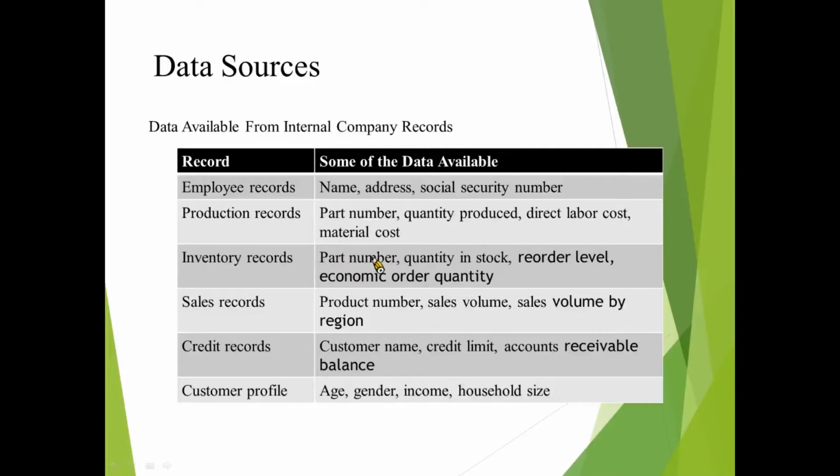Inventory record, the same: the order, economic order quantity, and the sales order, sales record. Sales value by region. Credit maybe for their customers. Customer profile. This is what we will collect.